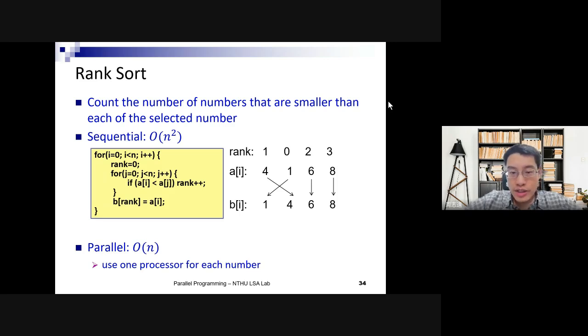Again, you already know those sequential implementations, but let's just see how they can be parallelized, right? One of them is rank sort. If you remember, the idea of rank sort is to compute the ranking of each item in your array.